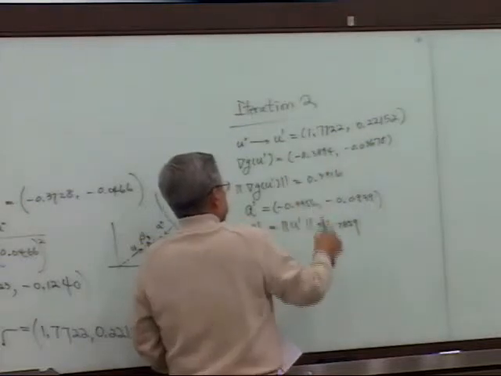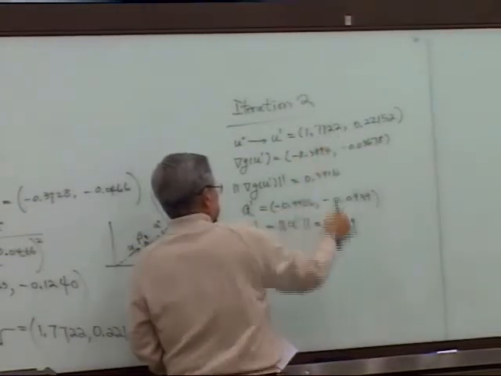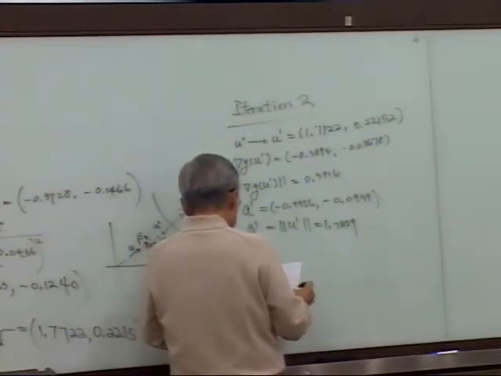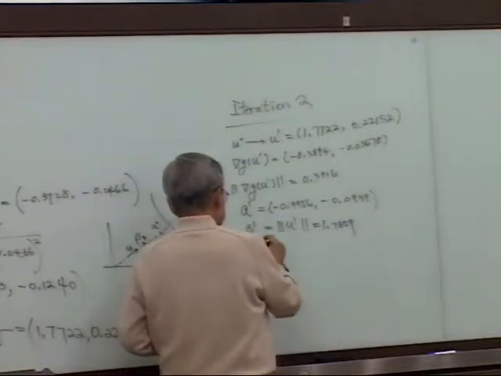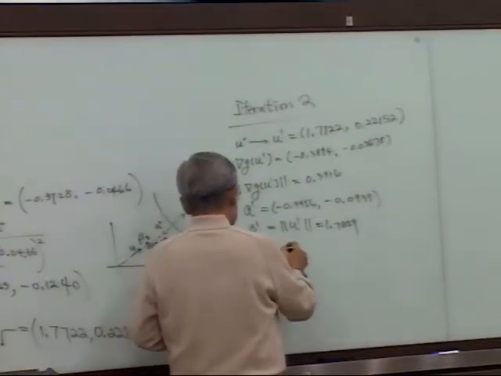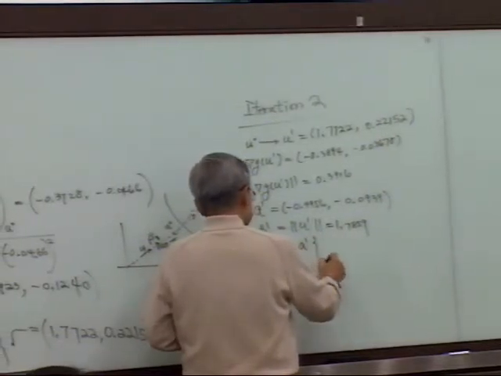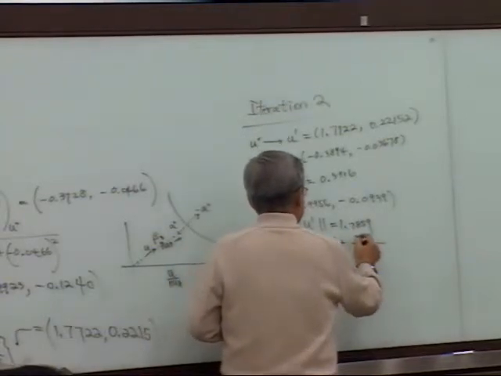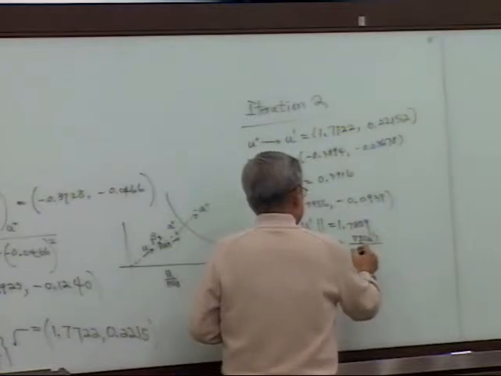The norm you can compute from here, the square root of this guy's square plus that guy's square. Next one is kind of the final. Now you can compute the U2, which is equal to A1 beta 1 plus U1.